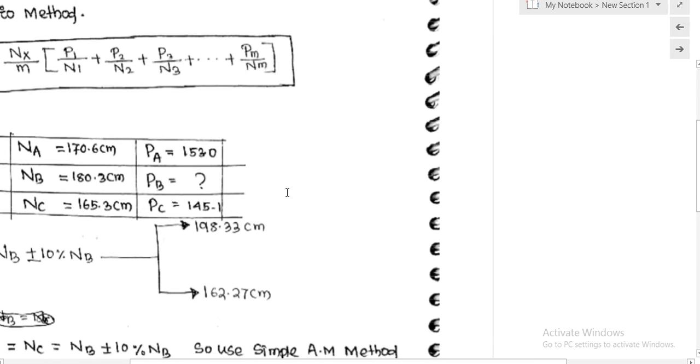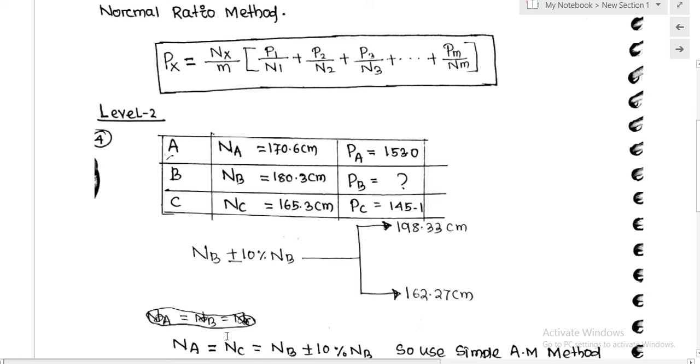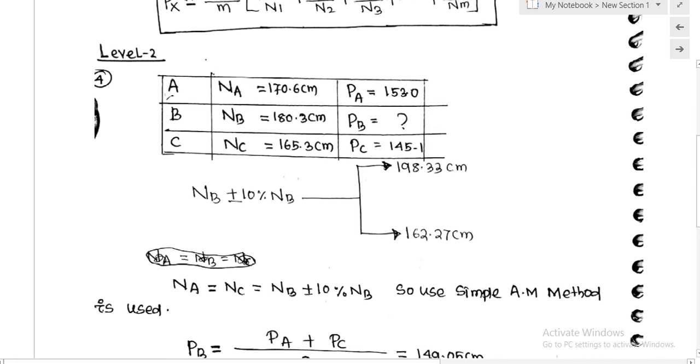So this is the question 4 answer. The rain gauge stations A, B, C are given, and these are the normal values. Normal value means the rainfall data of a 30 year period.